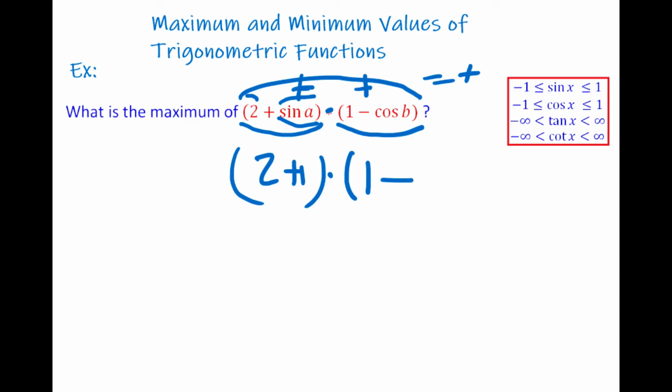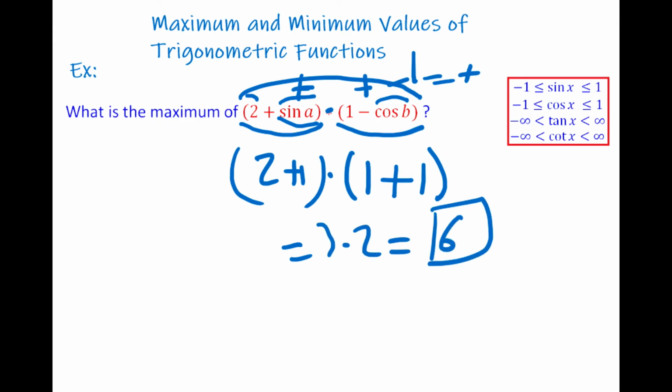To make this positive, because there is minus, we need to get also minus from cosine, because negative times negative is going to be positive, guys. And we need to think of the smallest value, which is -1, right? Negative is going to be positive, so we're going to get 1 also from here. And in the next step, we're going to have 3 times 2, which is going to be 6, guys. So the highest value of this expression is 6, guys.